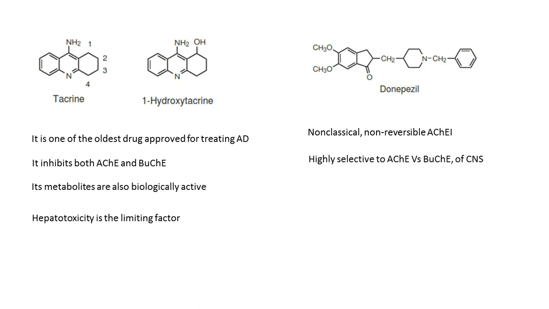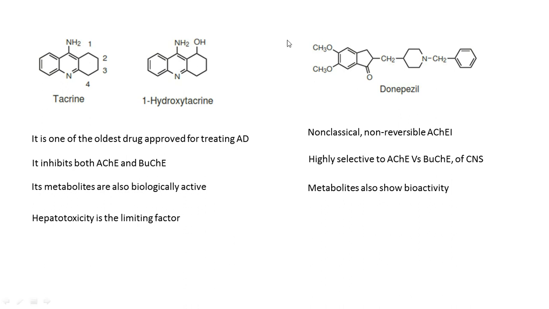It is highly selective to acetylcholinesterase versus butyrylcholinesterase, and because of its pharmacokinetic properties, it is more selective towards centrally present acetylcholinesterase in the brain. Its metabolites also show biological activity.